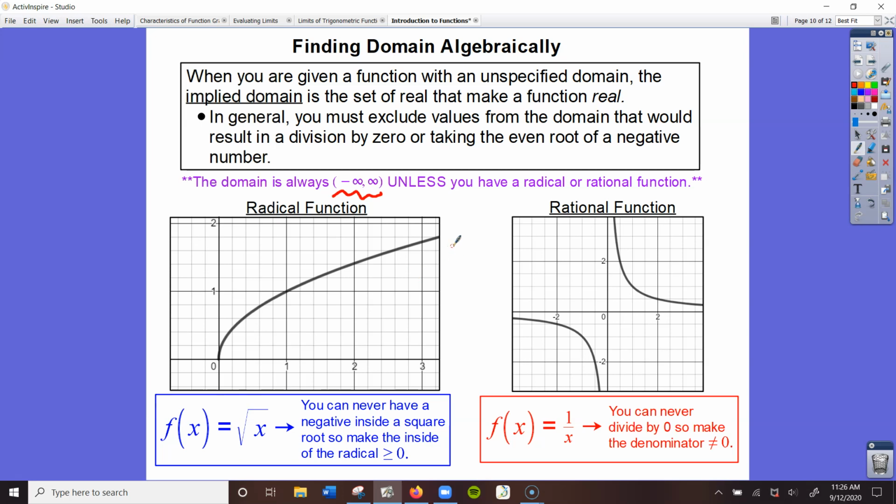Remember that a square root means that you're looking for two identical numbers that would multiply to give you what's inside. So let's say if I were trying to find the square root of negative 4, the only two numbers that would multiply to give me negative 4 would be either negative 2 and 2, negative 1 and 4, or 4 and negative 1.